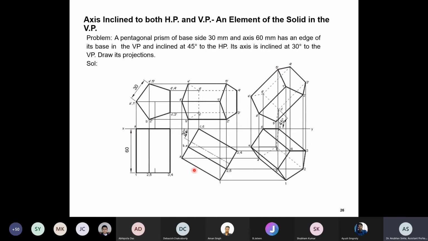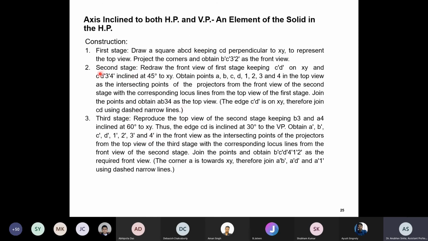First, you assume that this is actually at some angle, but I assume that this is perpendicular to this plane, the axis is perpendicular to this vertical plane. I make the front view, I make the top view. Now I will do one inclination at a time. So first, in the second stage, I will redraw the front view at some angle.